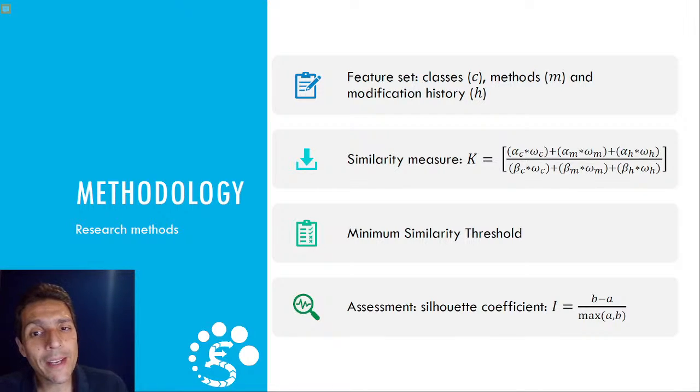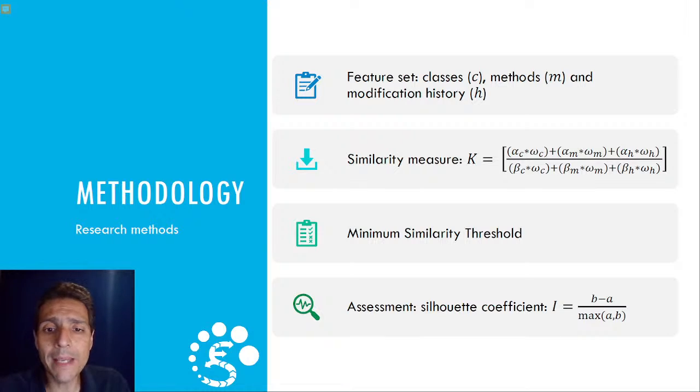This is very interesting because we started the clustering with a lot of microservices that were identified from the call graph, from the dependency graph. Every method that is not called by anyone was a microservice candidate. So we calculate the Silhouette coefficient to the closest microservice candidate. It allows us to know if the clustering results were good.